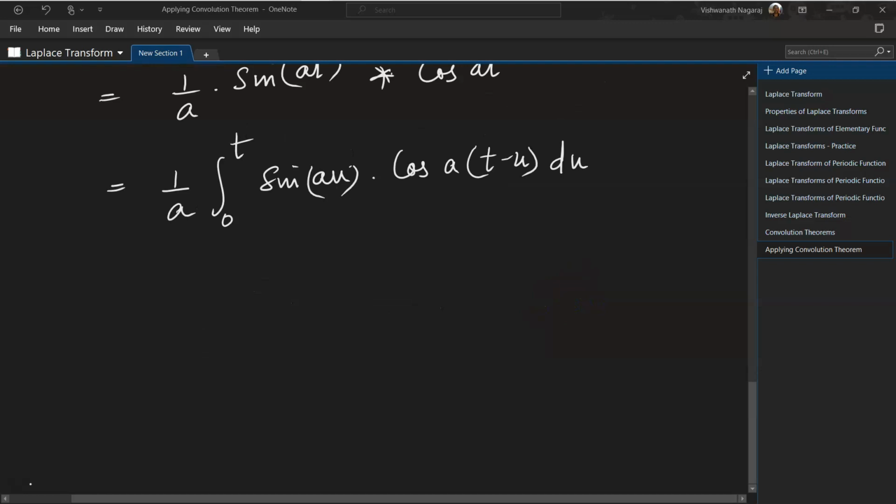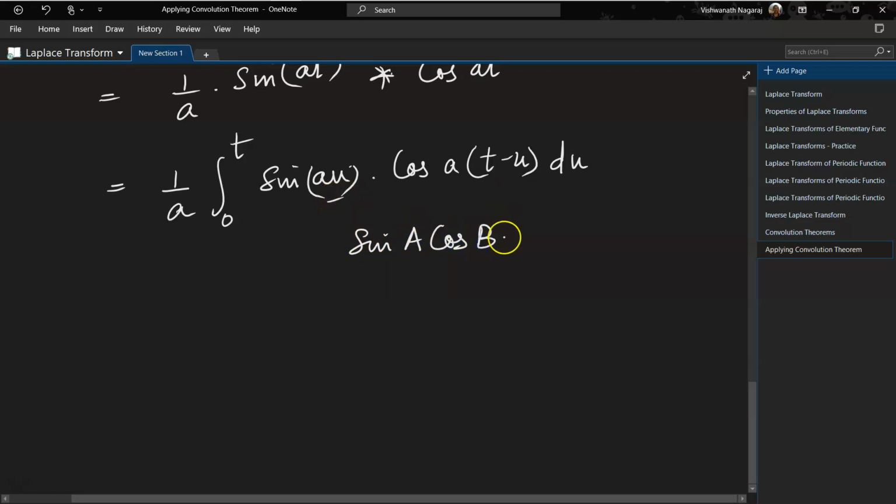Now see here we have sine A, that is this, cos B, that is this. Now we know this identity: sine A times cos B is equal to 1 by 2 (sine(A minus B) plus sine(A plus B)).